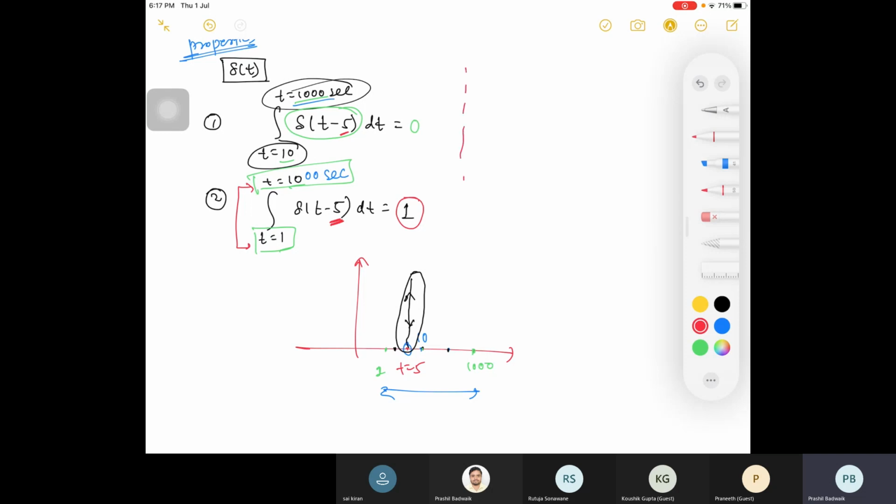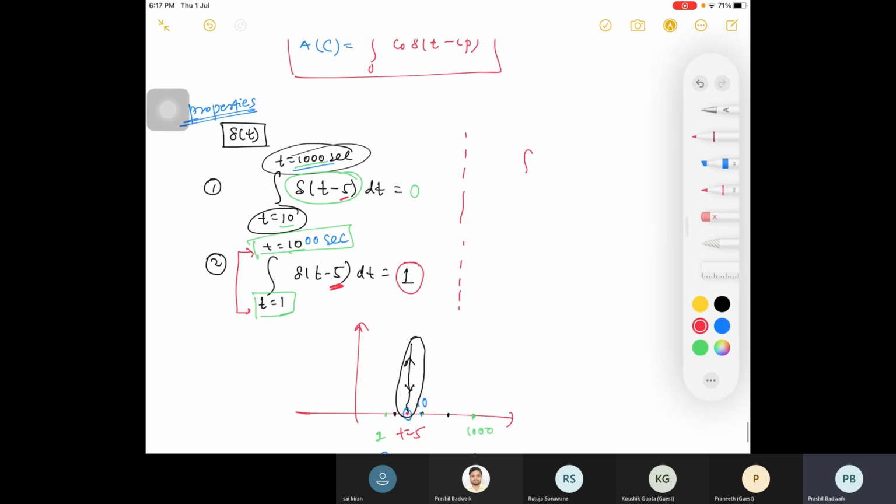So this is your first property of direct delta function. When I wrote integration from minus infinity to infinity, del of t, what is its value here? 1.